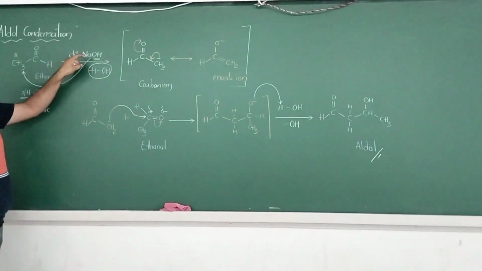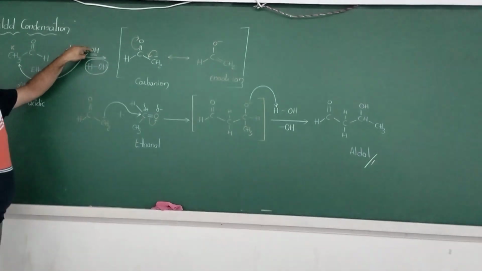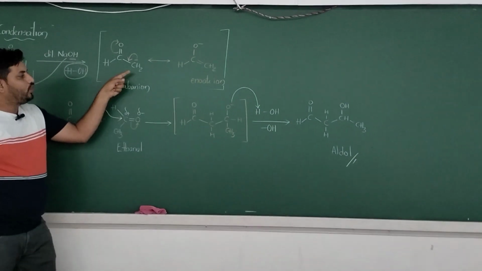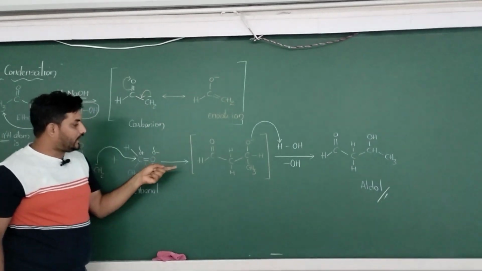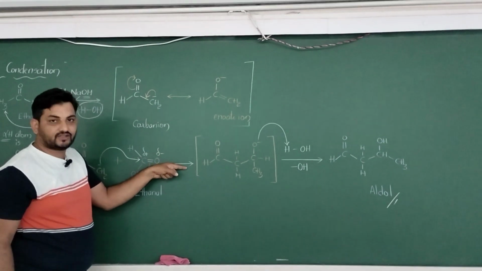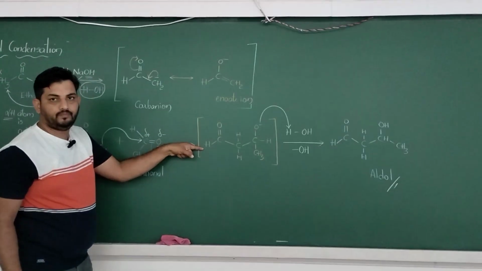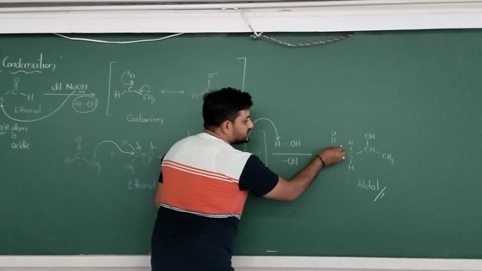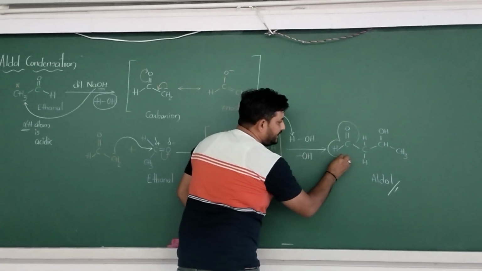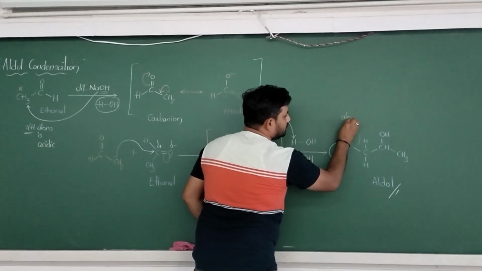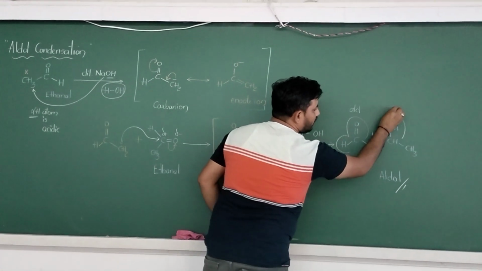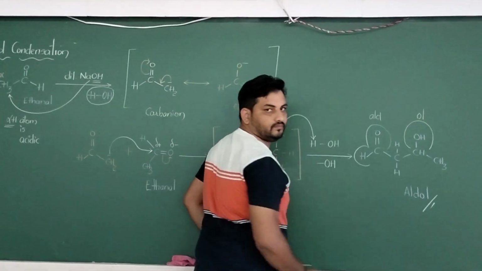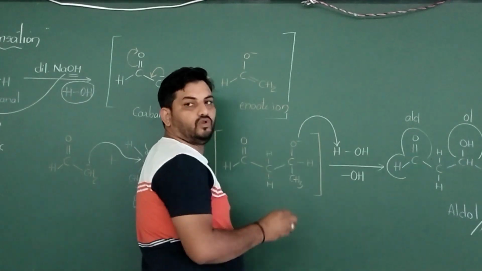An aldehyde in the presence of a dilute alkali forms a carbanion or an enolate ion, undergoing a self reaction, attacking another carbonyl group, forming an aldol. Aldol means a compound having an aldehydic group as well as an alcoholic group.